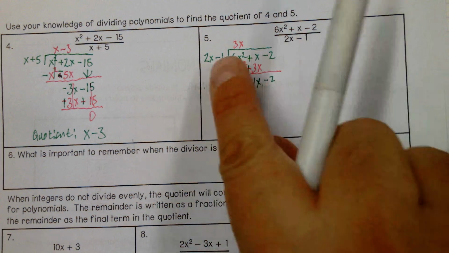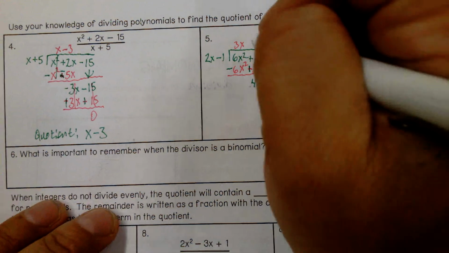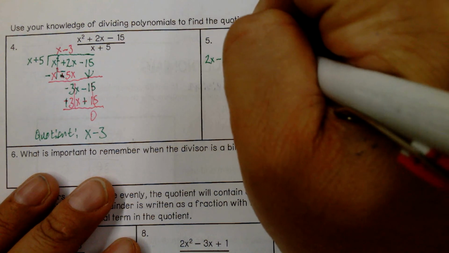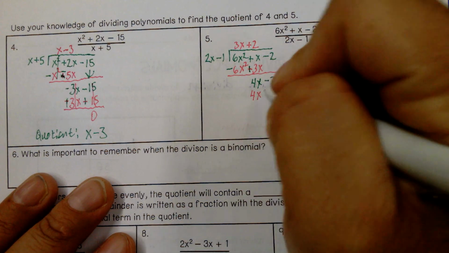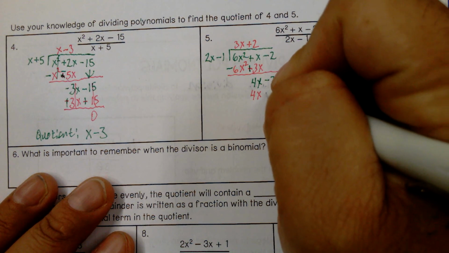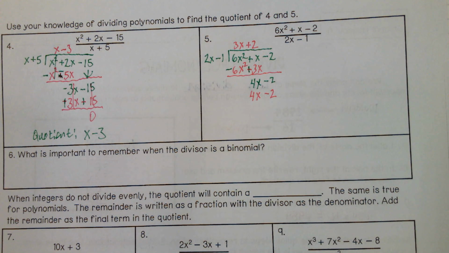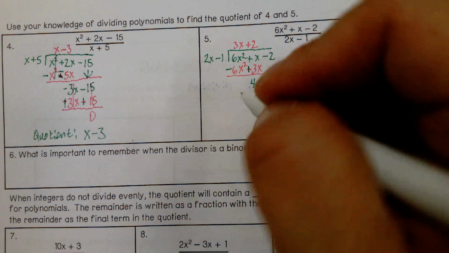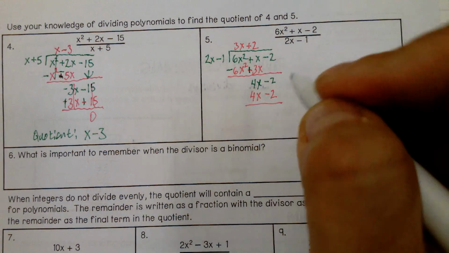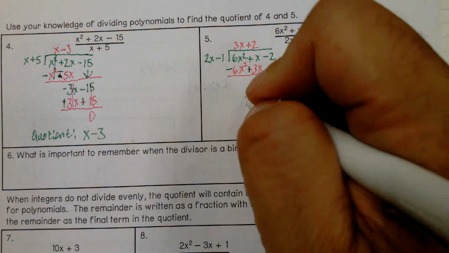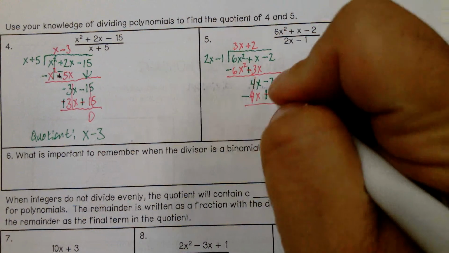Now we worry about 2x times what gives me 4x? 2. And it's positive, so we put plus 2. So it's 4x minus 2. And lucky for us, they're identical. So what's going to happen? They cancel. This becomes minus, this becomes plus, and they both cancel.